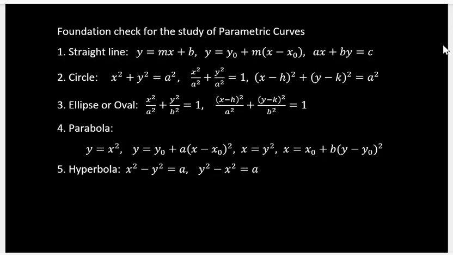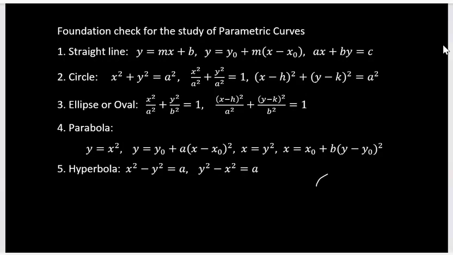Now coming to number 3, the ellipse or oval. Now we have a and b, and they're different. When a and b are equal, then again it will be a circle, so the properties will be very similar. For example, when I'm taking the area of a circle, you have a circle like this here, and the radius, say a, then the area will be πa².